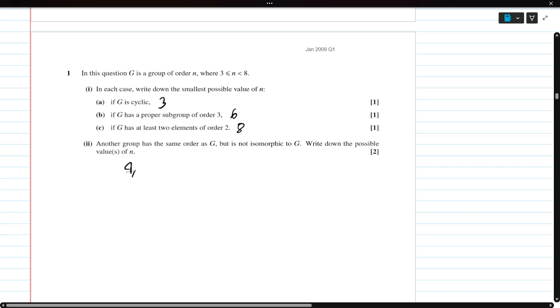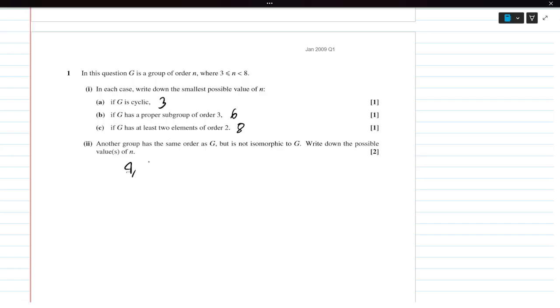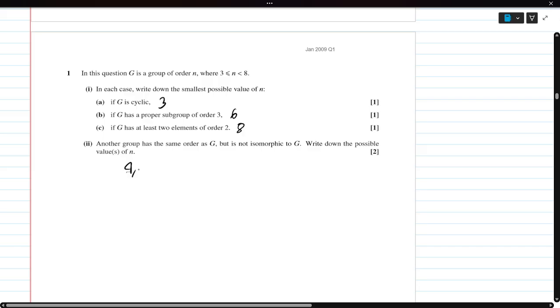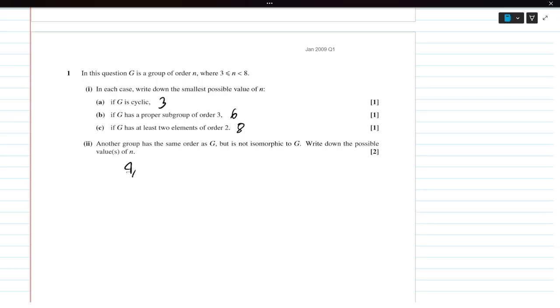So 4. Then you have 5. 5 is unique up to isomorphism. All prime-ordered groups are unique up to isomorphism, so 7 is ruled out. 6 has a dihedral group and a cyclic group. 8 has, I think, 5 groups: 3 abelian and 2 non-abelian.